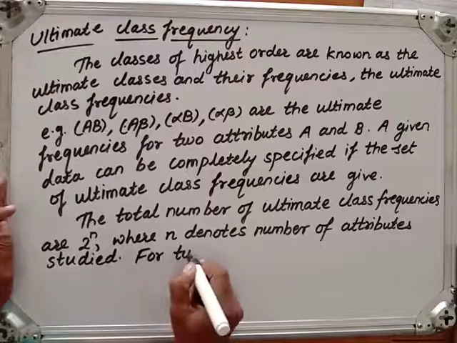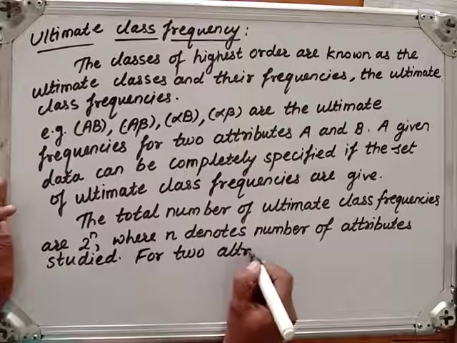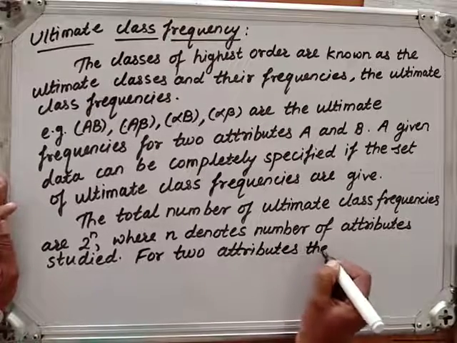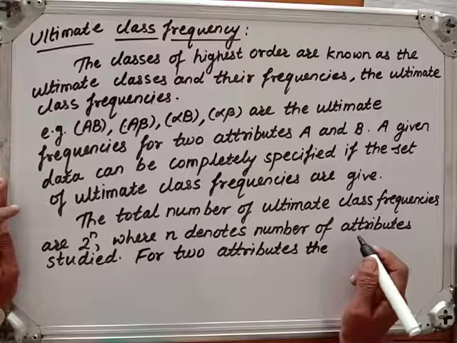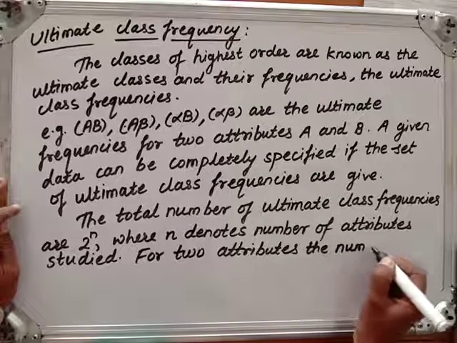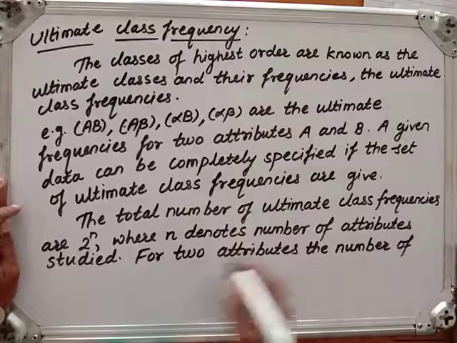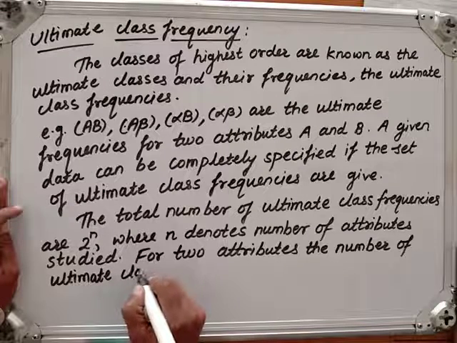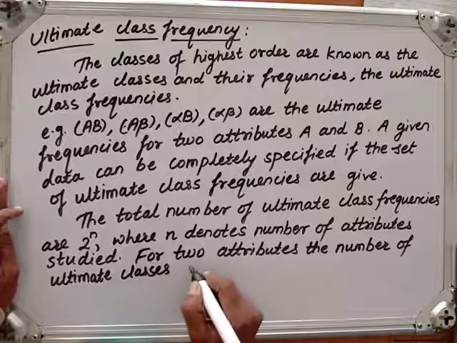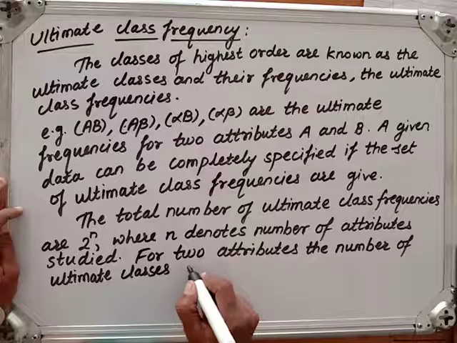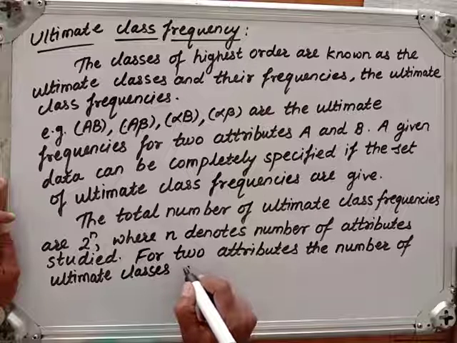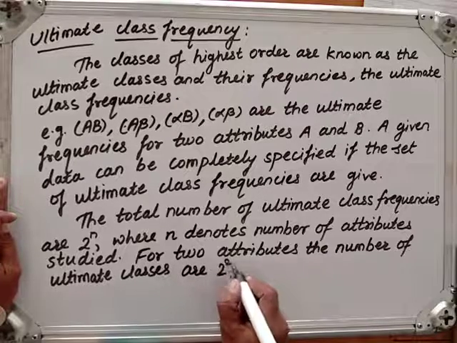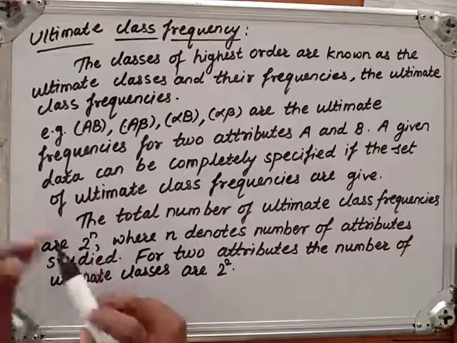For two attributes, the number of ultimate classes are 2 square. Are how much? 2 square.